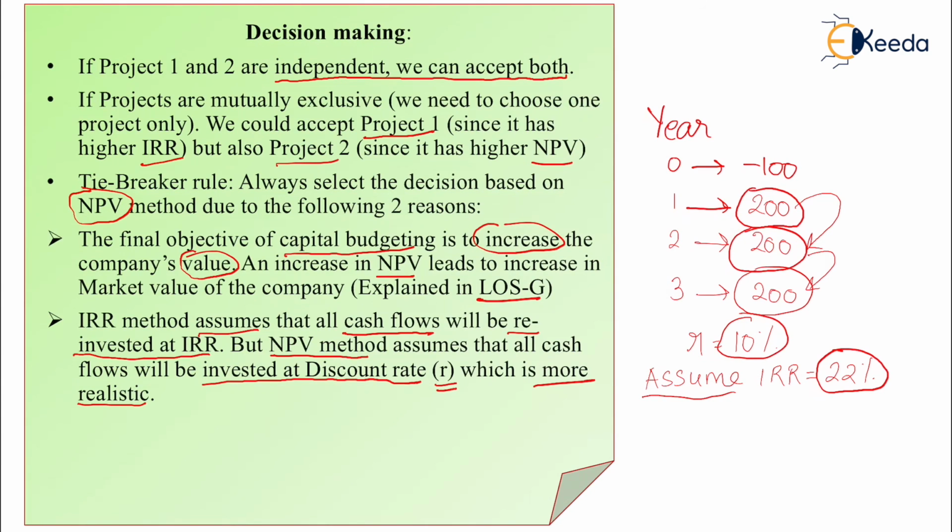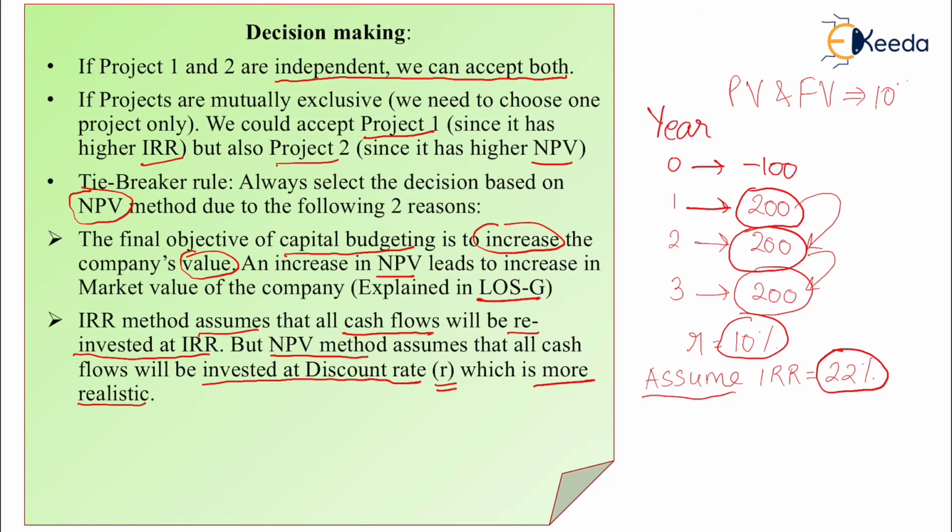See, the discounting rate which you are using to discount the cash flows back to zero, meaning to find the present value, the same discounting rate has to be used to find the future value. When you discounted 200, you are using 10%. If you reinvest 200 and find the future value, you have to use 10%. So whenever you are finding PV and FV, both should be at 10%.